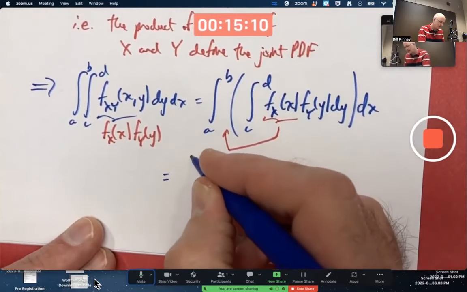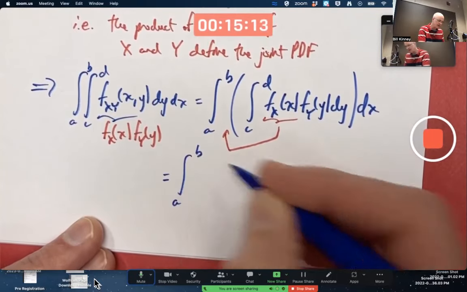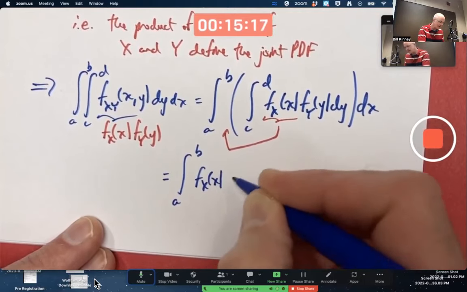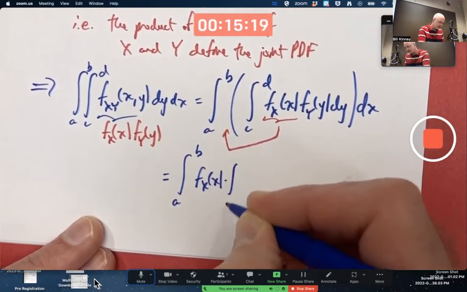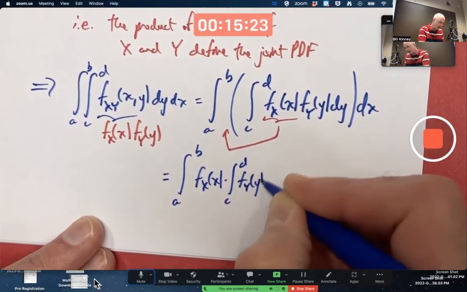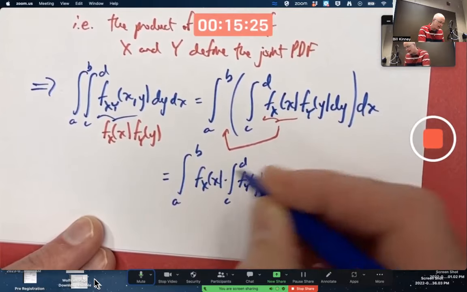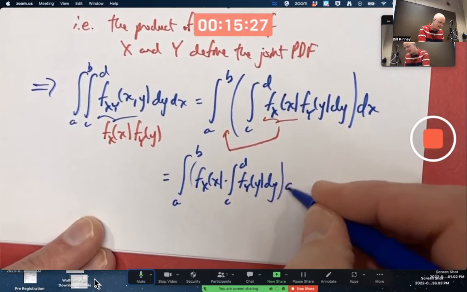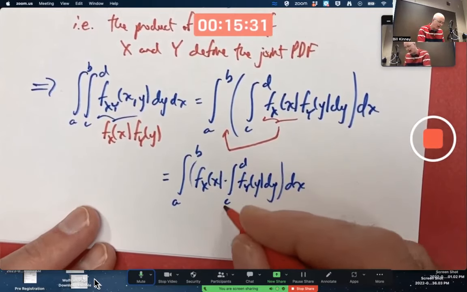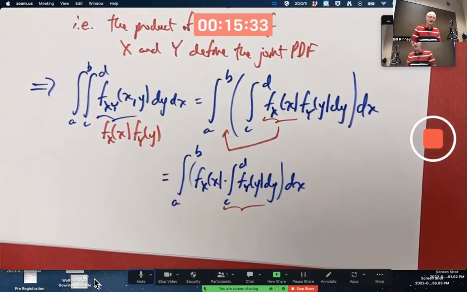And so you can write the following strange looking expression: the integral from a to b of f sub x of x times the integral from c to d of f sub y of y dy, dx. And this thing, with respect to the outer integral, is a number.